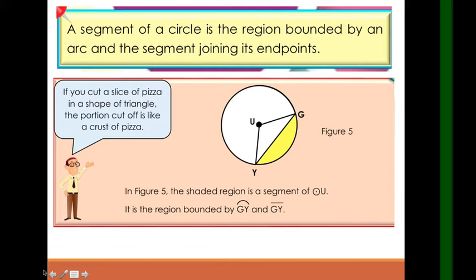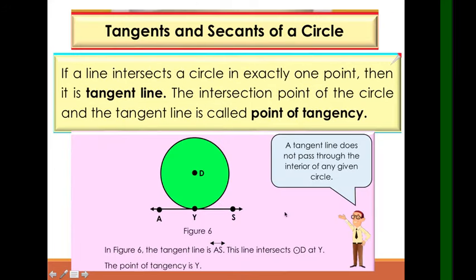So the segment is this one, yung chord at saka yung arc. Okay? In figure 5, the shaded region is a segment of the circle U. And it's the region bounded by the arc GY and line segment or chord GY.